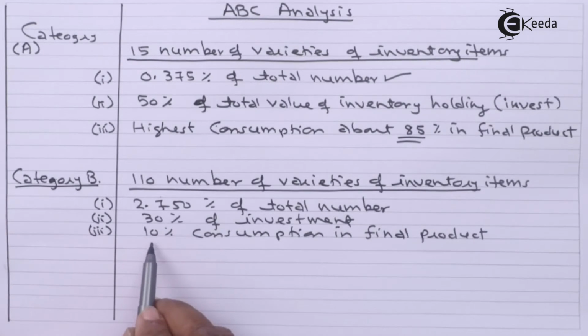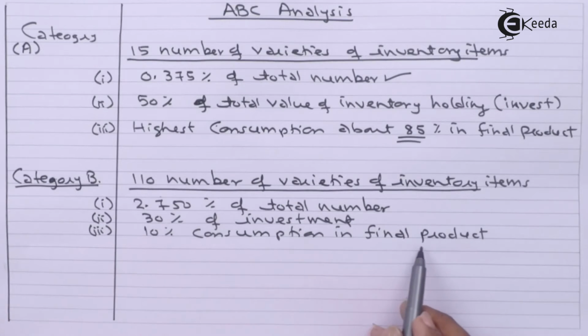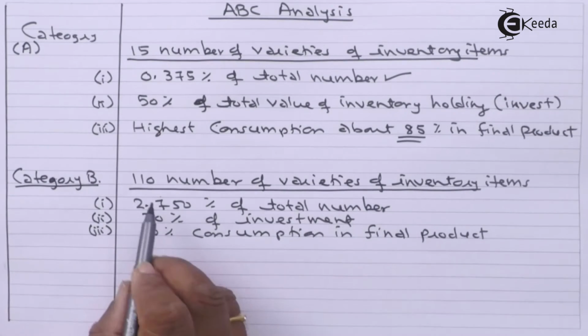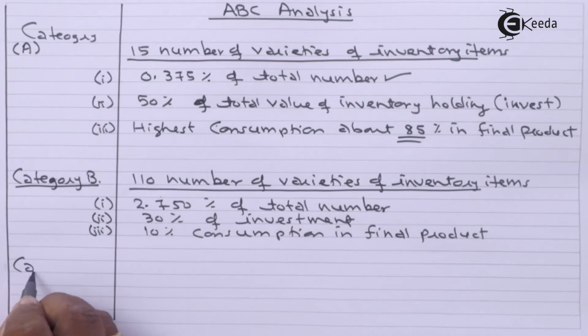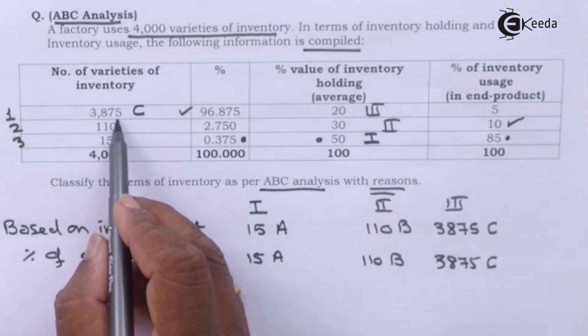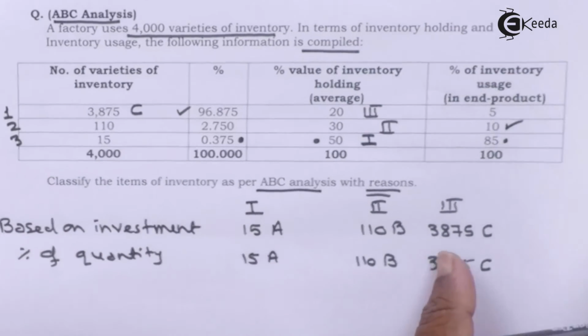Category B, it is having 10% consumption in final product, so that will be 110 number of varieties of inventory items. Category C, 3875 number of varieties of inventories.